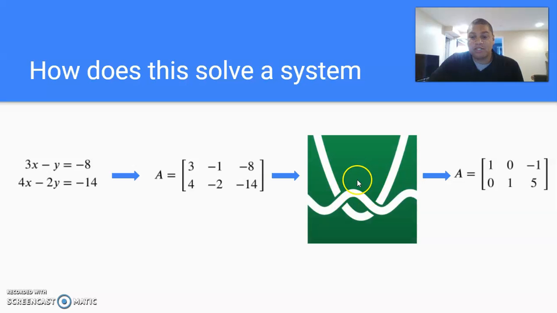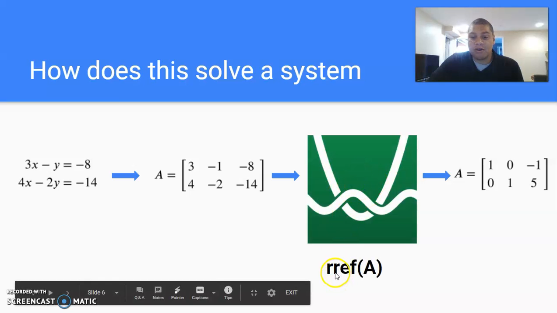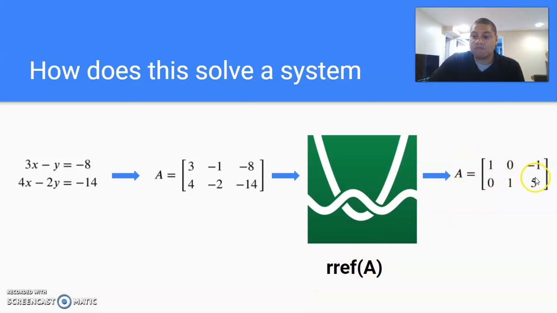We're going to throw some magic into Desmos using something called the RREF, which stands for Reduced Row Echelon Form, of Matrix A. You do not need to know that. Once the calculator spits this other matrix back out to us with the 1, 0, -1, 0, 1, 5, that is ultimately going to give us our answer.